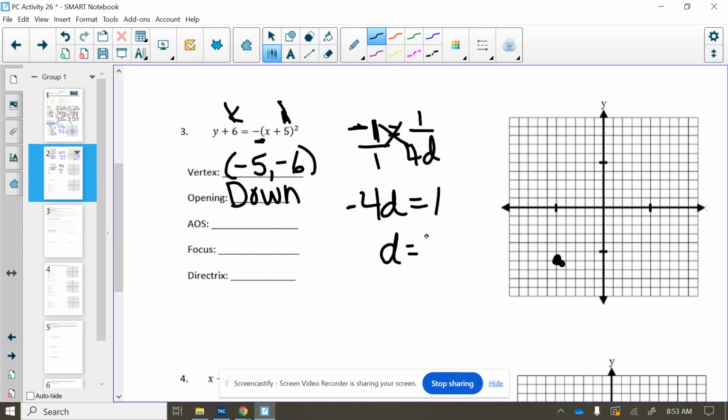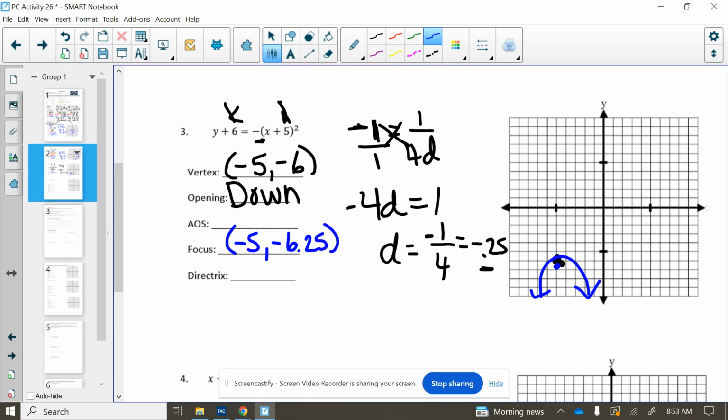D then would be -1/4 or -0.25. So the negative, again, is just helping us figure out that this is opening down. The real thing that we need here is that 0.25, because we are going to have a focus point 0.25 below our vertex. So that's going to be at -5, but down another quarter, so (-5, -6.25).